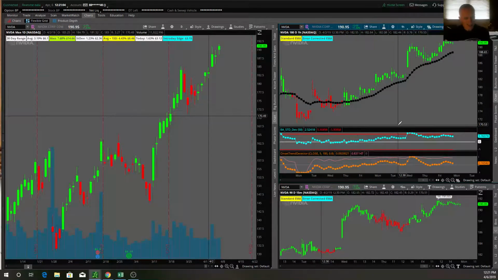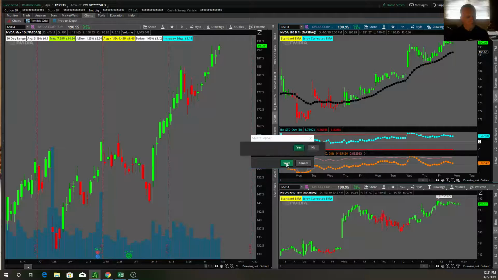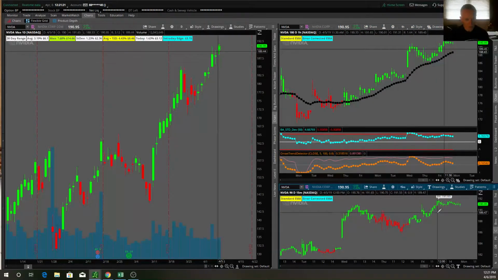That's just a line in the sand right there. Again, it puts more context around the move. I always save my study sets if I make any little tweaks to them whatsoever. I hardly ever do, but sometimes I do. Let's go down to the 15-minute.